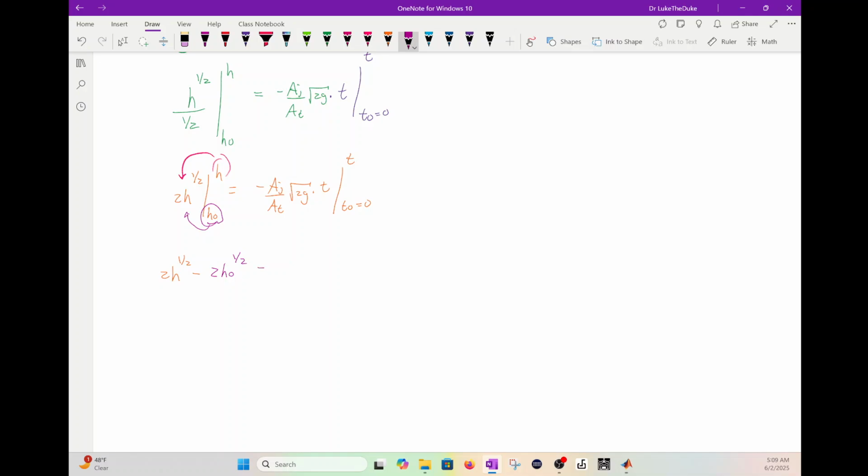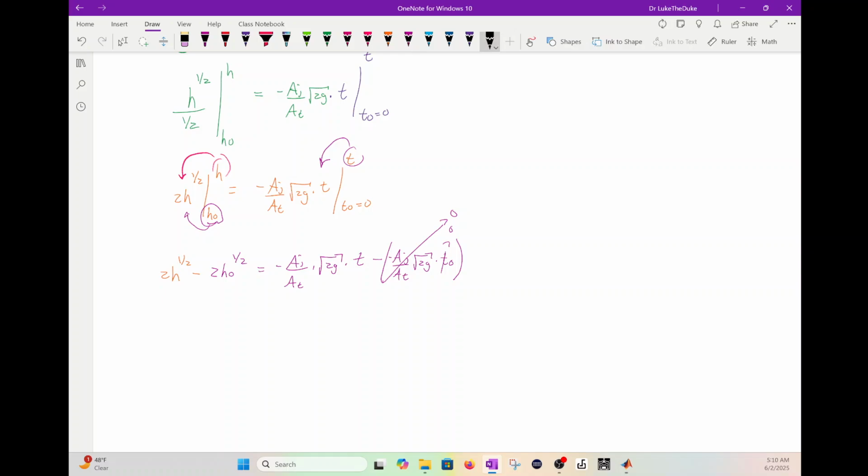Same thing on the right-hand side, negative AJ over AT times square root of 2g times t, minus negative AJ over AT square root of 2g times t, where we plug in t naught. But that's 0, so this whole term is 0.